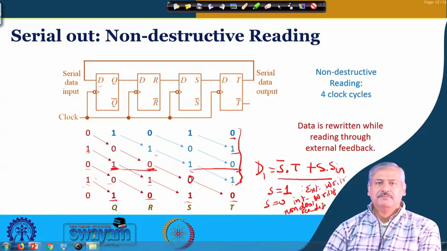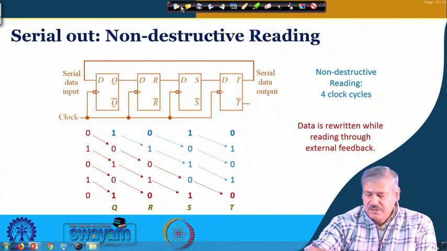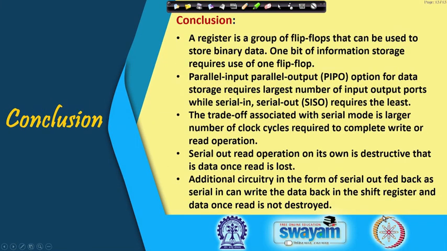Is it okay? Have you understood this part? SISO, how it works and how we can make use of it, and PIPO we have already seen before. Okay. So, with this we come to the conclusion of today's class.